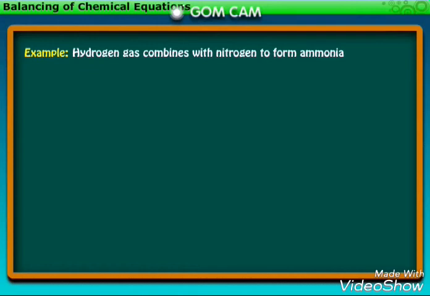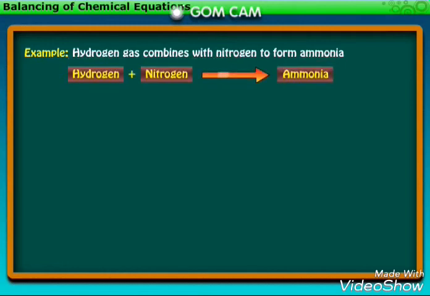This reaction can be written in words as hydrogen, on combining with nitrogen, gives ammonia. We can change this into a chemical equation by writing the symbols and formulae of various substances in place of their names, as shown.